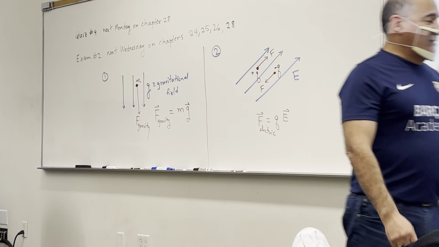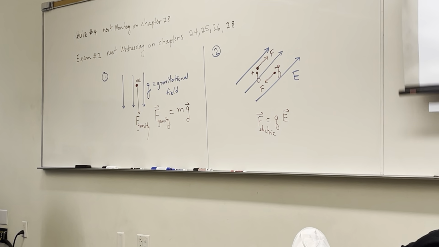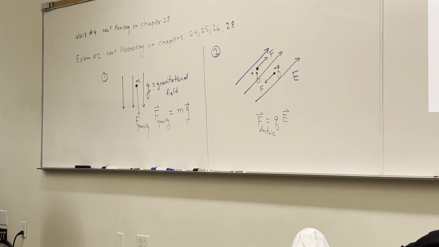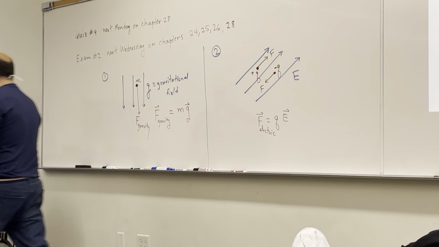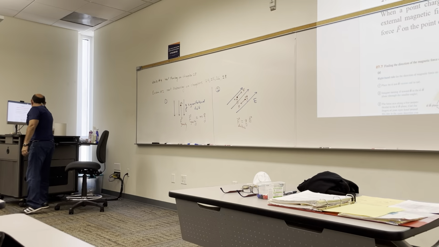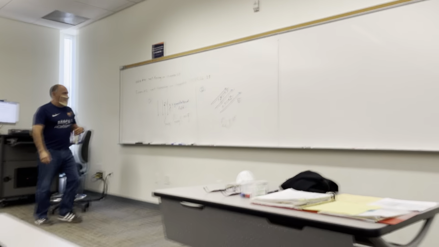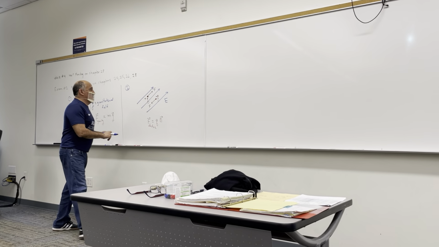So now comes this equation. Because this is not a gravitational force, this is not an electrical force, this is a magnetic force exerted by a magnetic field. So the issue is this. What if we have a magnetic field somewhere?